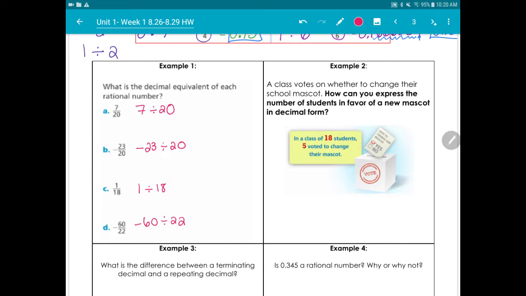Go ahead and take a minute and write these out. So let's do 7 divided by 20 first. Great. What'd you get? Let's write them all out, and then we'll talk about if they're repeating or terminating.